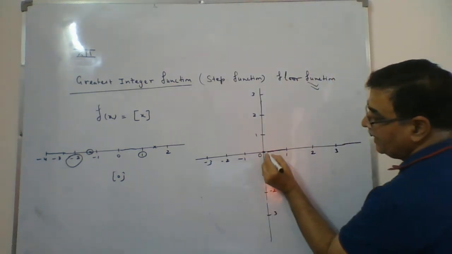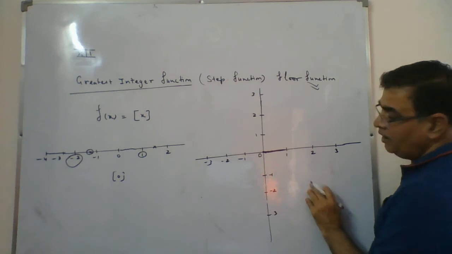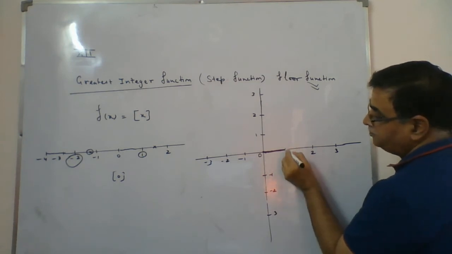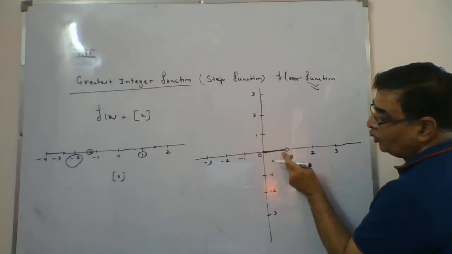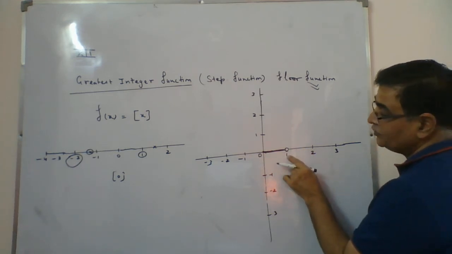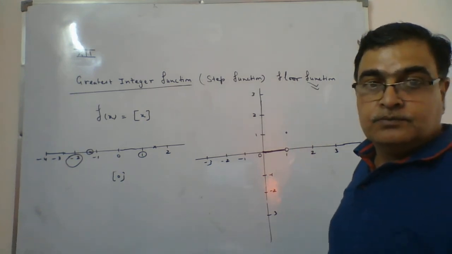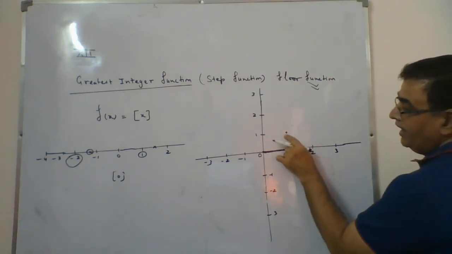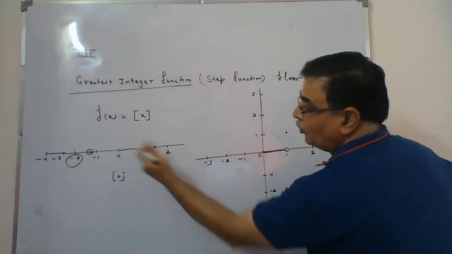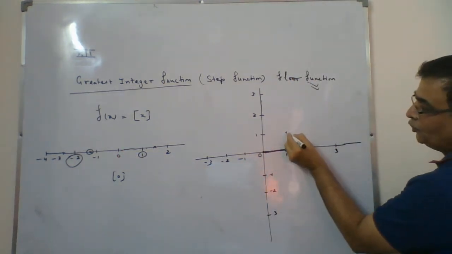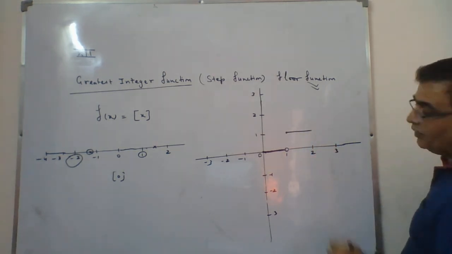So this line will continue till 1, and at 1 the circle I am taking indicates that this line is going closer and closer to 1, but as soon as 1 is there, it will jump to 1. Okay, then at 1, the value is 1. 1.1, what is the answer? 1. 1.2, answer is 1. 1.3, answer is 1. 1.4, answer is 1.